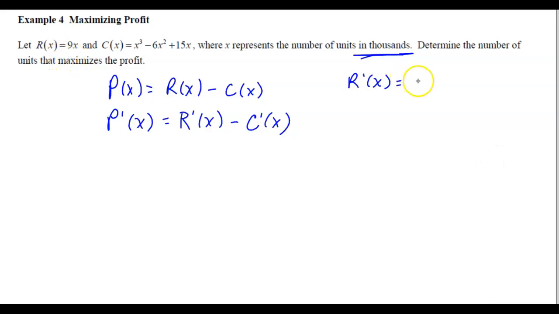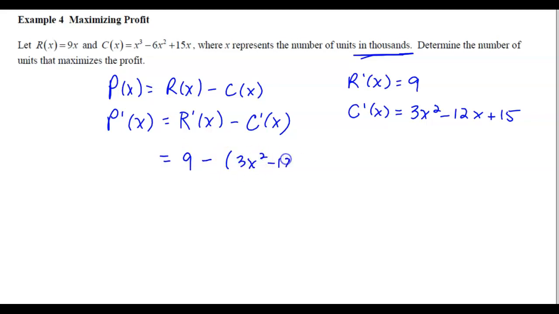So the derivative of the revenue function is 9. The derivative of the cost function is 3x squared minus 12x plus 15. And so I can go 9 minus (3x squared minus 12x plus 15).